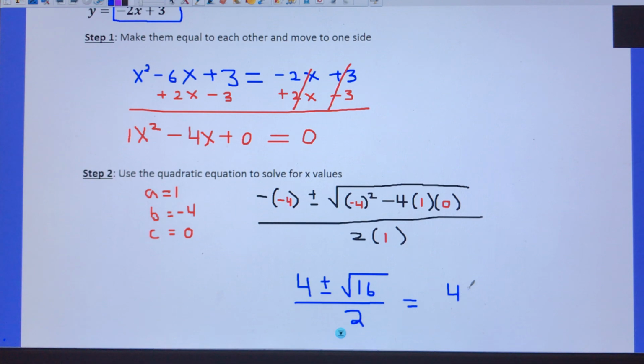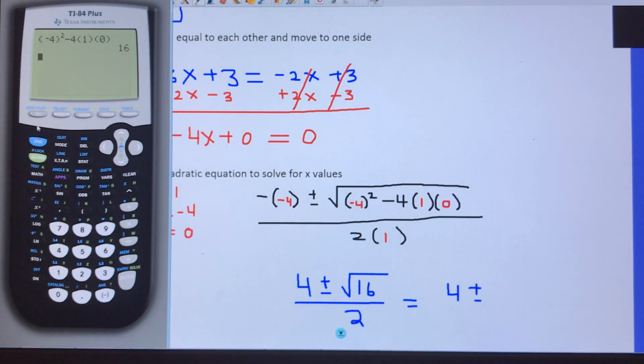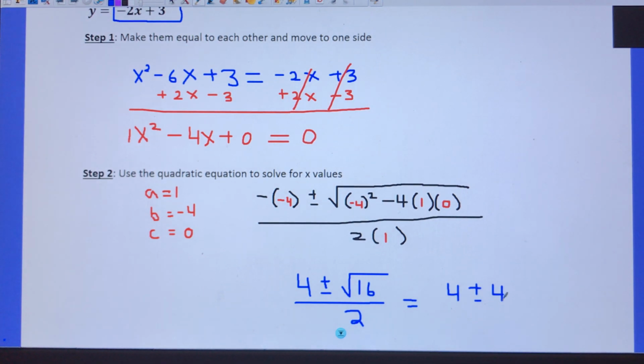I know what the square root of 16 is because in my calculator, if I go second, square root 16, I'm going to get 4, a regular 4, not square root 4. So the square root of 16 becomes a regular 4 over 2.